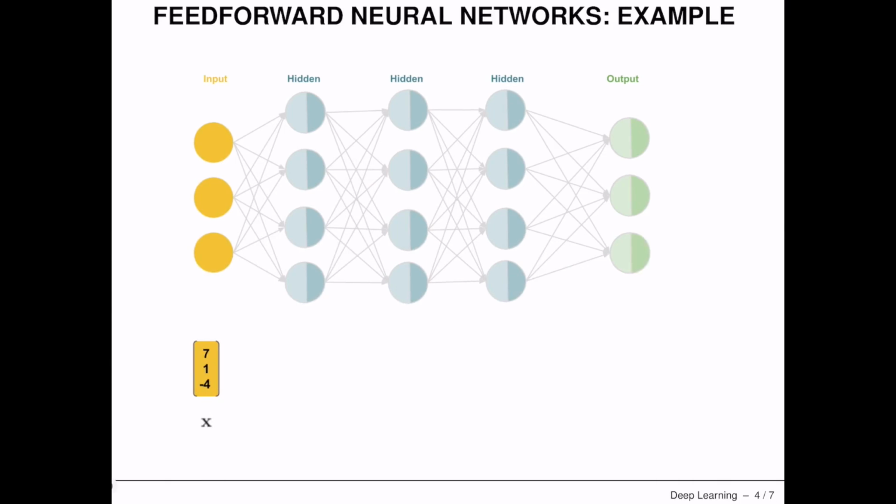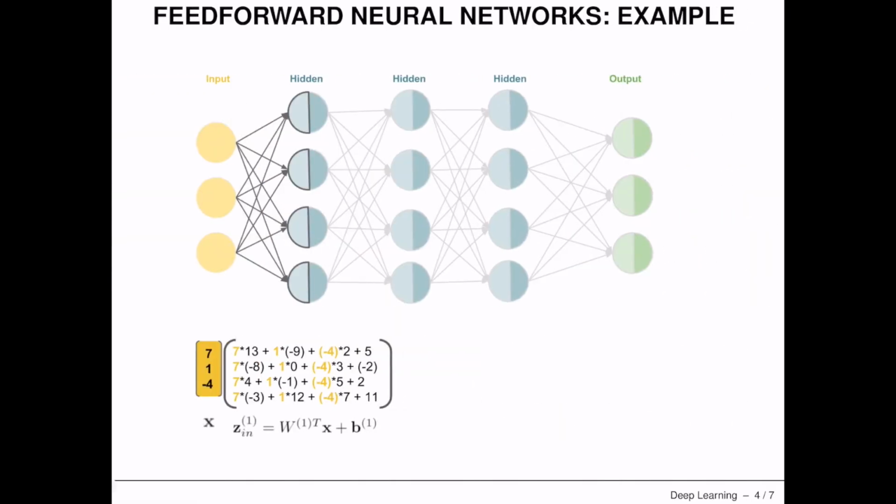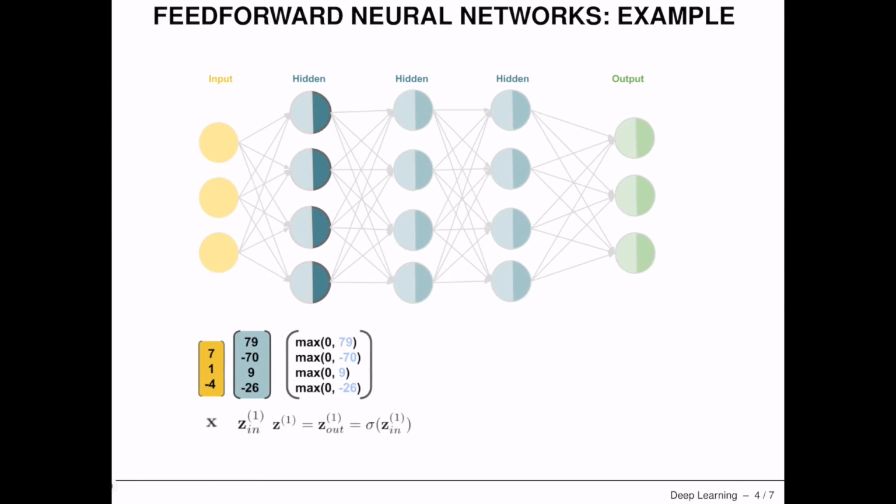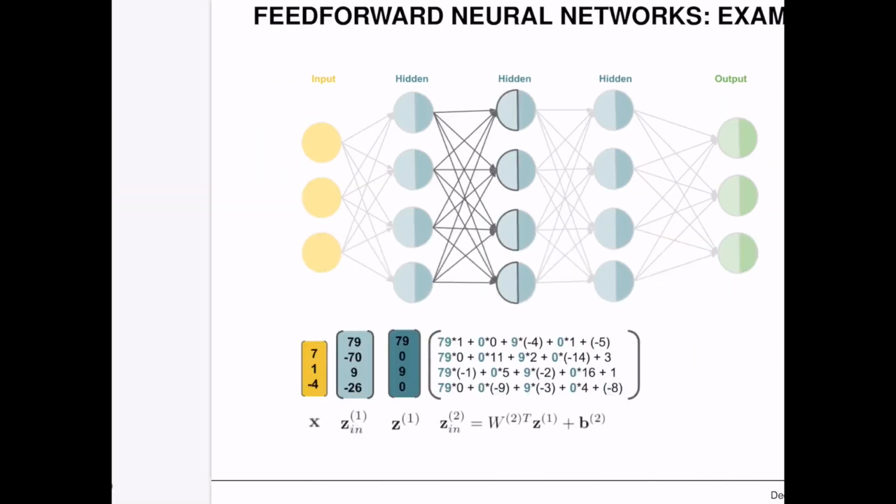The calculations work the same as they have worked before, with the only difference that we now apply several layers. So we feed in the input from the left, calculate the input of the first hidden layer, calculate the activation of the first hidden layer, which is here given by the ReLU function, so the max of 0 and the input. So we get the output of the first hidden layer.